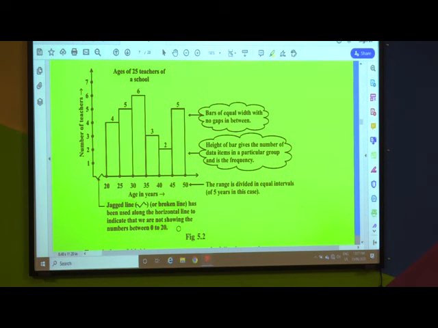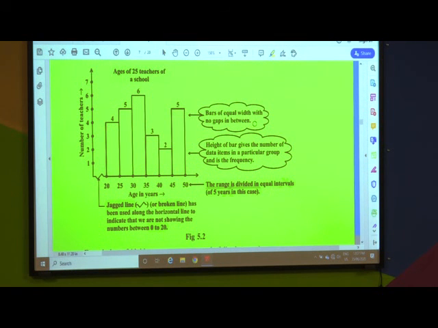Okay. Here they are explaining the age in years. The range is divided in equal intervals of 5 years in this case. Proceeding. Above, bars of equal width with no gaps in between.